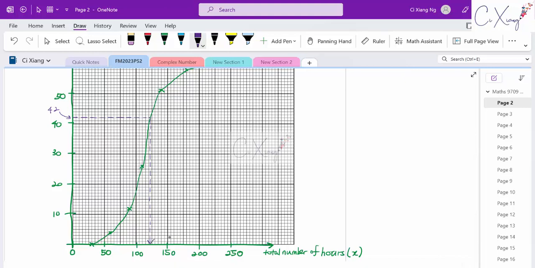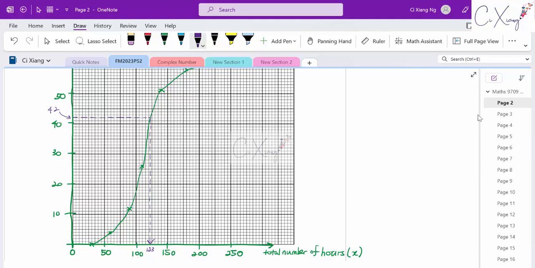Okay, so if you try to read the value here, we should have 110, then 120, then 130, right? So it is between 120 and 125. So maybe for me, I'll write the value as 123, or 122.5 also can, right? So maybe I write as 123. Okay, so while we are reading the value from the graph that we sketched, we have to ensure that the graph that we draw is as smooth as possible, and also with the correct points plotted.